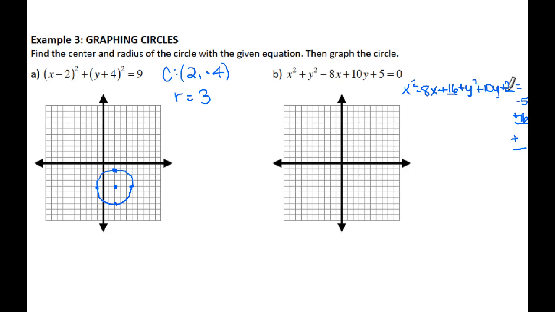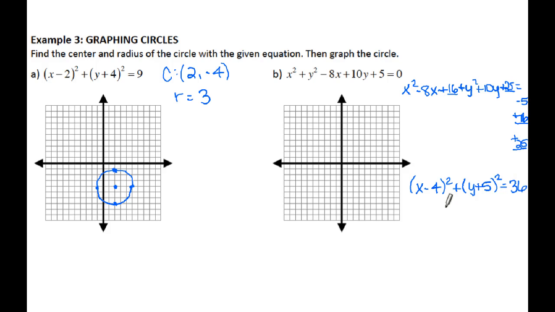Take half of 10 and square it. And then from there we need to factor this quadratic. So that leaves me with (x minus 4) squared plus (y plus 5) squared equals -5 plus 16 is 11 plus 25 is 36.